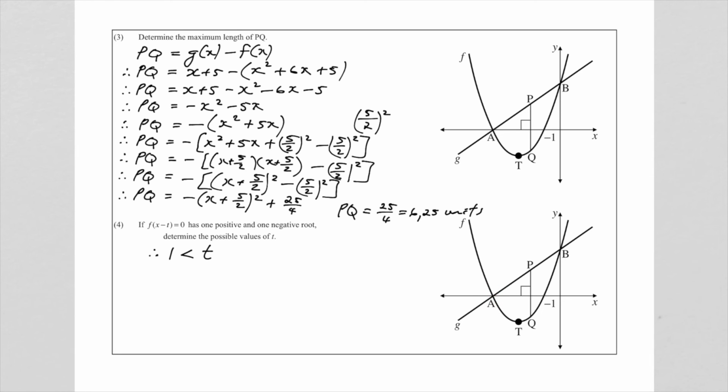You will remember we calculated this x-intercept earlier as -5. So if we move this more than 5 units, then this x-intercept is also positive. We want to move it more than 1, but less than 5. So 1 is less than t, and t is less than 5. And that will be our solution for t.